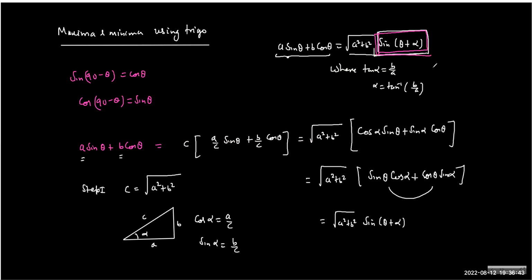Sine of whatever angle it is, can we have more than one? No. So what is the maximum value of this entire term? Root of A square plus B square.